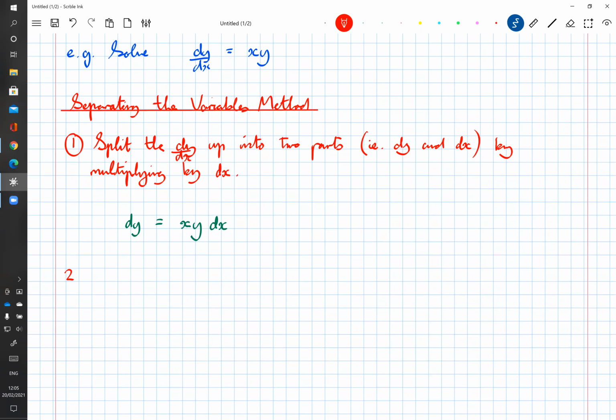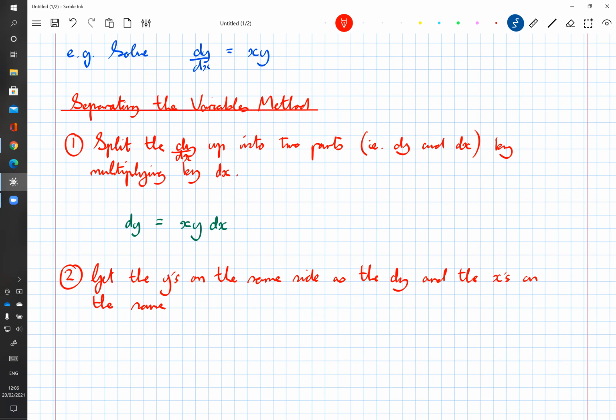Step 2, get the y's on the same side as the dy, and the x's on the same side as the dx.